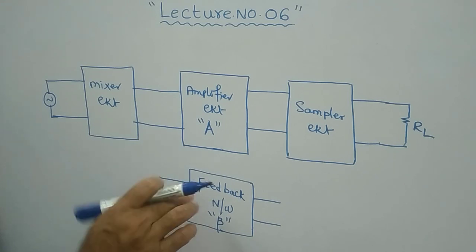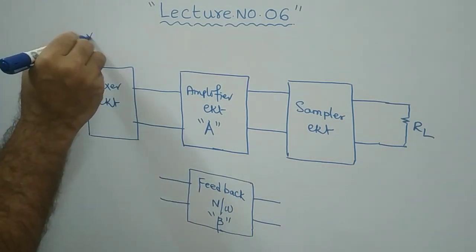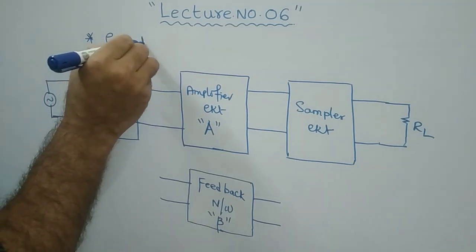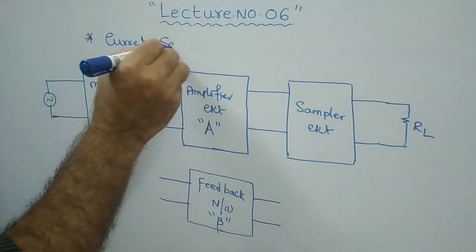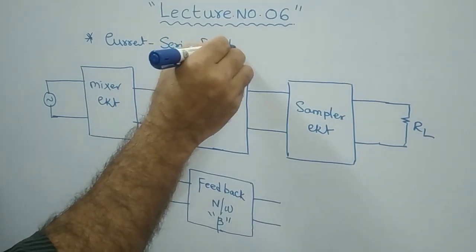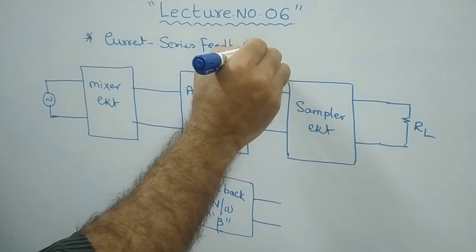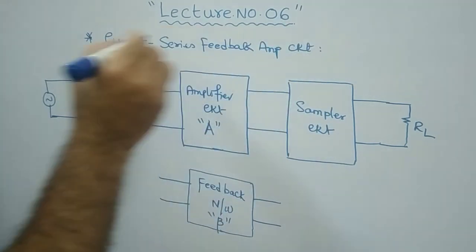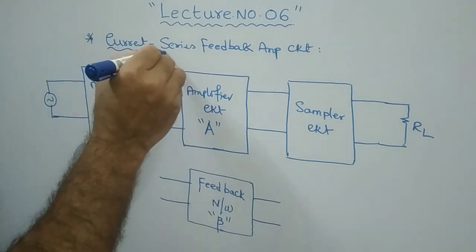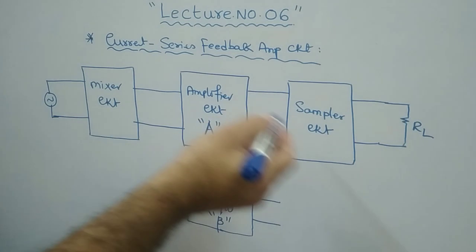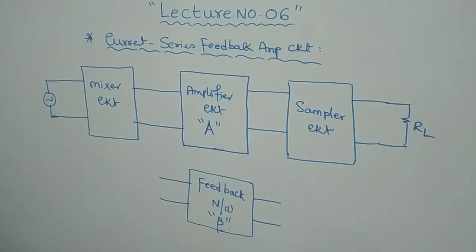Now let us assume that it is a current series feedback amplifier circuit, or current series feedback topology.